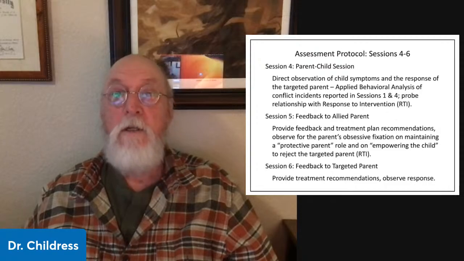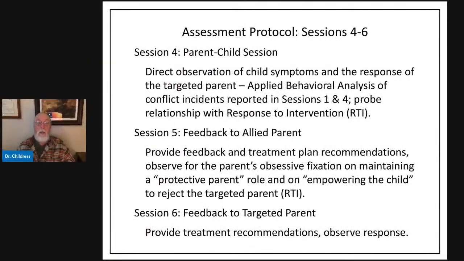Then in session 5, I'll meet again with the allied parent. By this time, I have a good indication of what's happening in the family, and I'll provide feedback and treatment plan recommendations and observe the allied parent. If they're creating the pathology, well, there's 2 symptom features that will emerge when I present the treatment plan, and the finding that the targeted parent is not abusive based on all the reporting and based on the situation, that's normal range parenting.